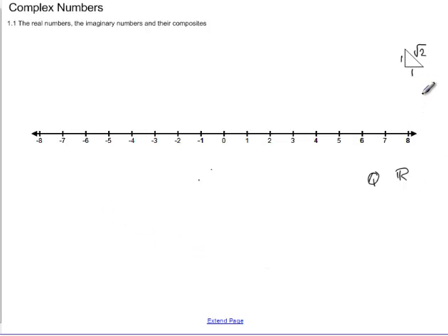Then what we did is, if we put this length from 0 somewhere there, we will see that the square root of 2 lies somewhere here.